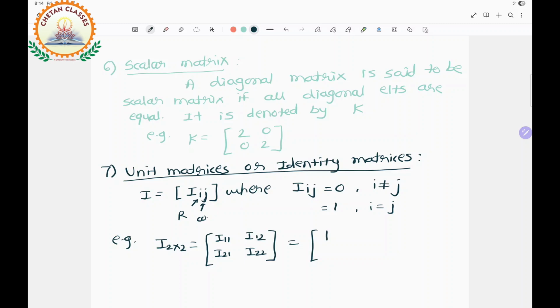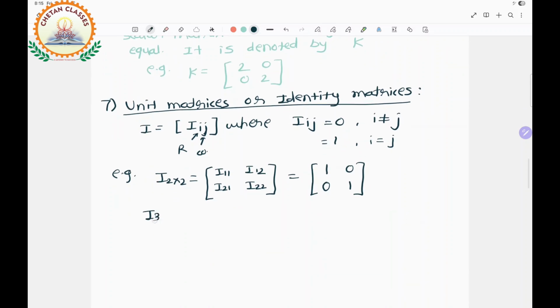Here I12 means i is not equal to j, so this entry is 0, I21 is 0 and I22 is 1. So this is the identity matrix of order 2. Similarly, identity matrix of order 3, we write 1 0 0, 0 1 0 and 0 0 1, etc.